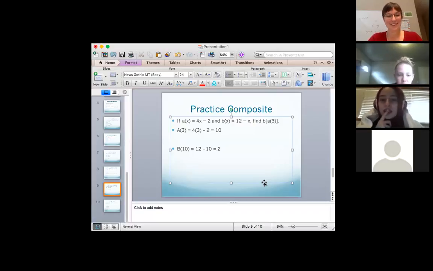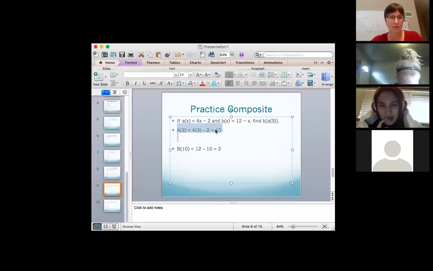Wait, do you add the 10 and the 2 together, and then that equals B of A of 3? I'm confused. So the inserted function is A. That's this one right here. So when x is 3, we solve for A and we get 10.